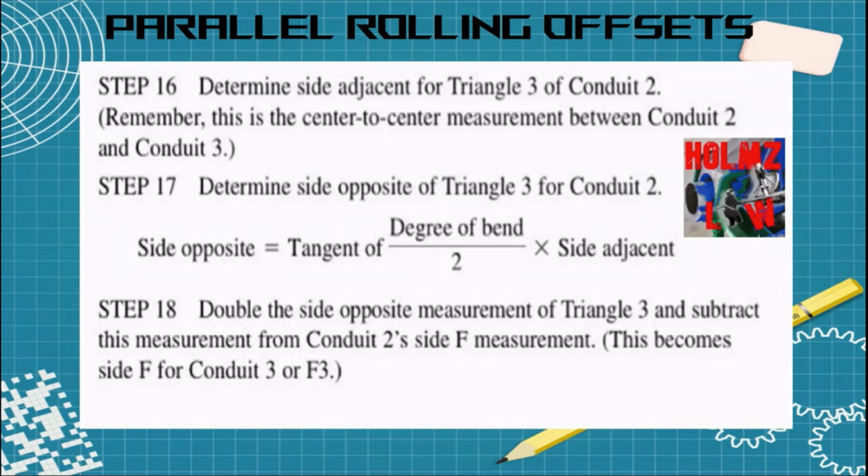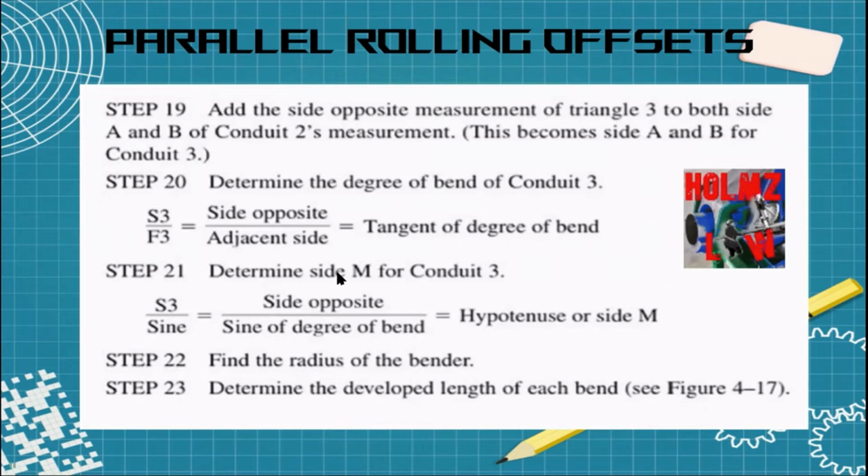Whatever you get from that is going to be F3 for conduit number 3. This is just step by step, and it's all repetitive. So step 19, you're going to add the side opposite measurement of triangle 3 to both sides, A and B, of the conduit number 2 measurement. So this becomes side A and B.